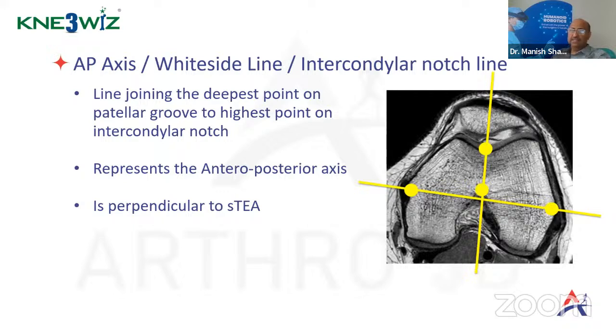The white side line is the line joining the deepest point of the patellar groove to the highest point of the intercondylar notch. It represents the anteroposterior axis and normally is perpendicular to the transepicondylar axis.